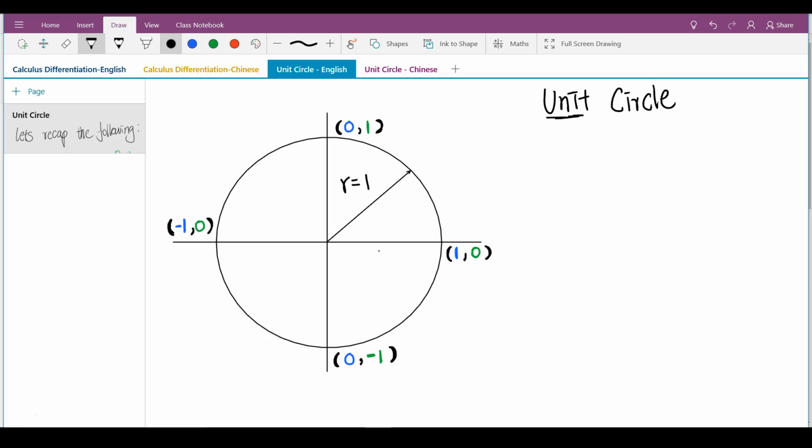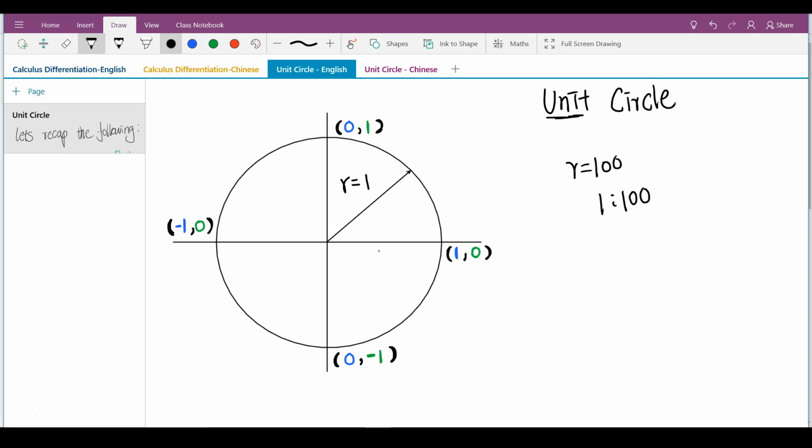Let's say you can draw a circle with r equal to 100, right? But that is literally just a proportion, 1 to 100, right?